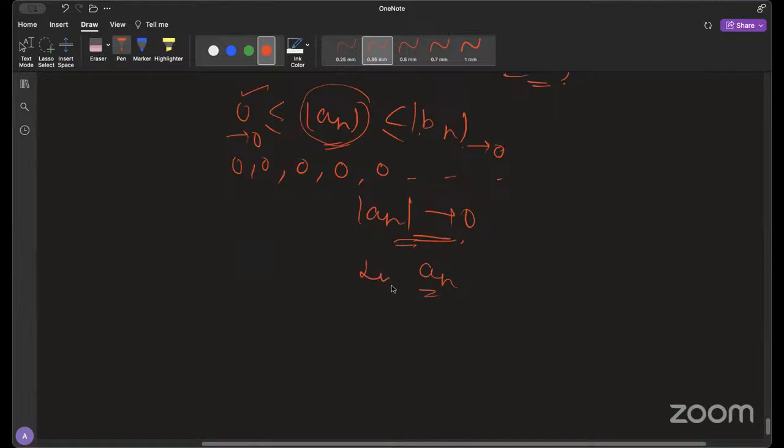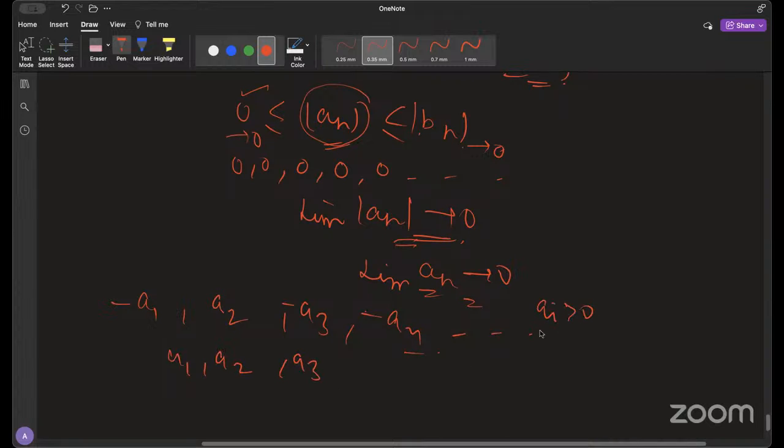So this just gives you this, but you need the limit of an, not mod an. This is also 0. Why? Let's just say you have a sequence a1, a2, a3, all positive, and you have a minus somewhere in between. Let's say the mod of this is convergent to 0. That means the ai's are all greater than 0.